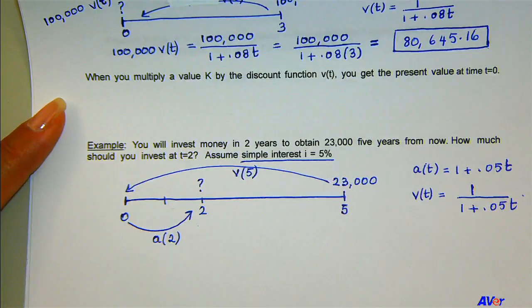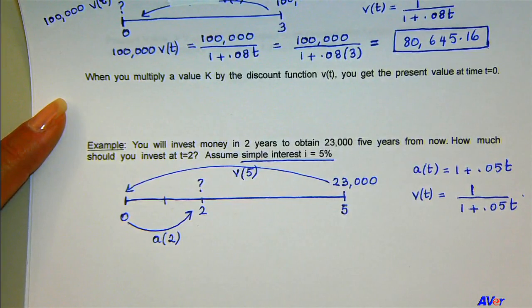It matters whether that interval is at the beginning, from 0 to 3, or later on, from time 2 to 5. Why? Because this is simple interest, which has a monotonically decreasing effective interest rate. So if you wait to time 2 to invest your money, to pull out at time 5, you would have missed the first 2 years of the highest interest rate.